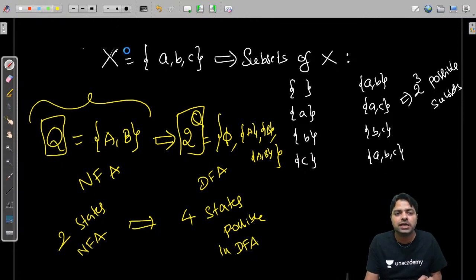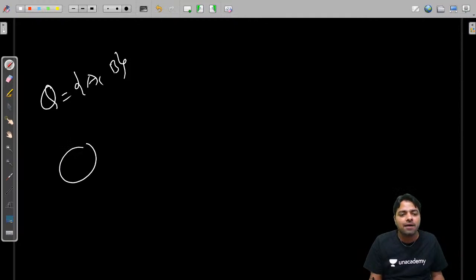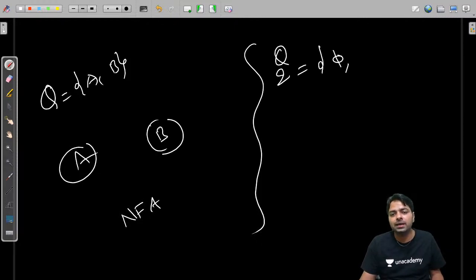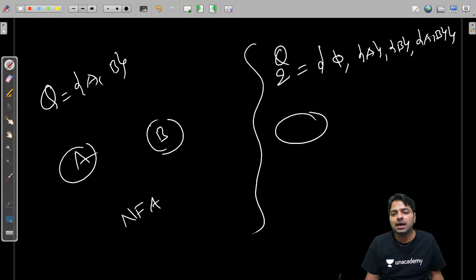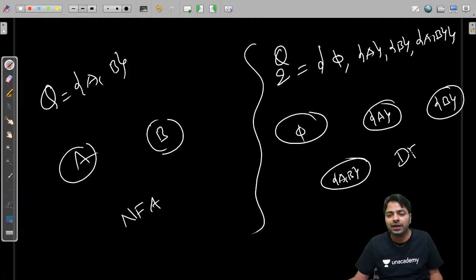What I am trying to say, look at that. Suppose Q is equal to {A, B}. It means A and B are the states in the NFA. And 2 power Q means I have phi, {A}, {B}, and the set {A, B}. Here the states are the empty set, A, B, and A comma B. These are called states in the DFA.